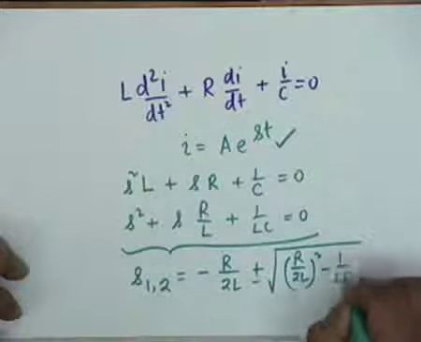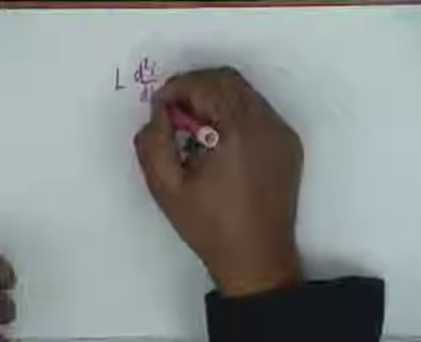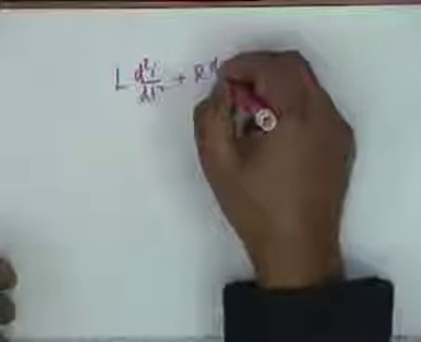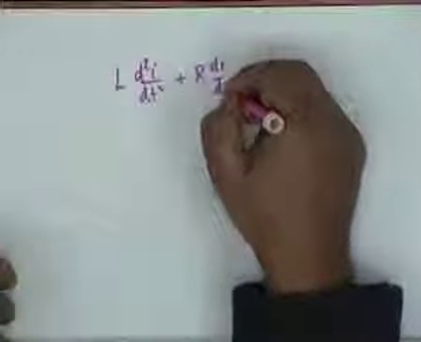These solutions are, my equation is L d2I/dt2 plus R dI/dt plus I by C equal to 0, and the 2 solutions are s equal to minus R by 2L plus minus square root of R by 2L whole squared minus 1 over LC, and therefore the solutions are e to the s1t and e to the s2t.